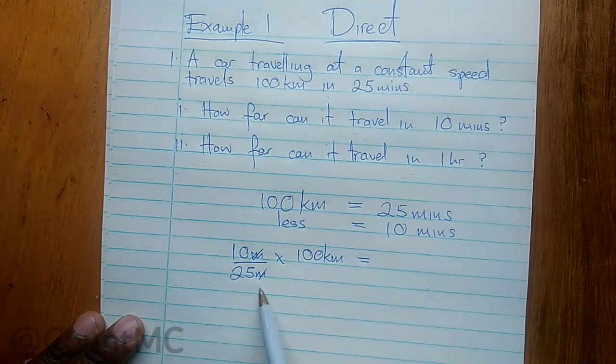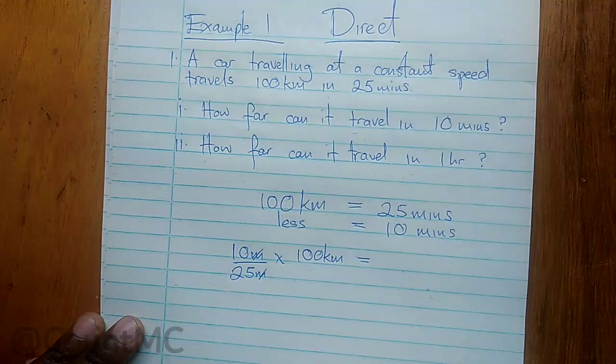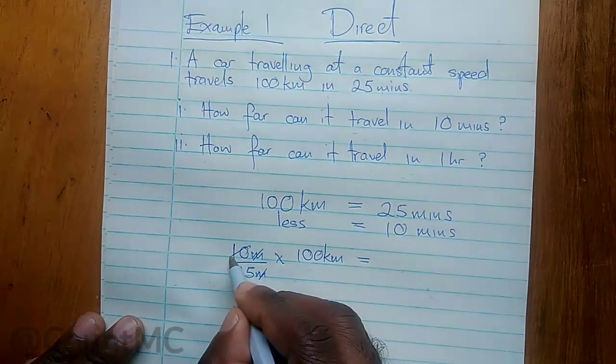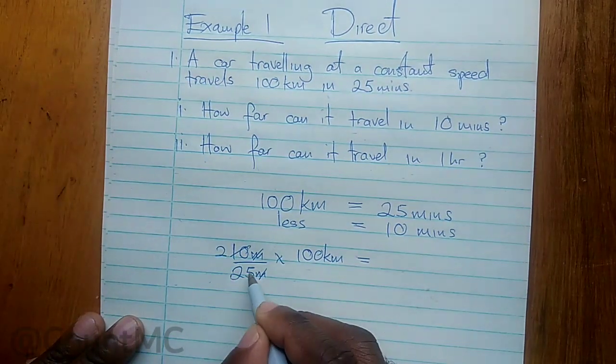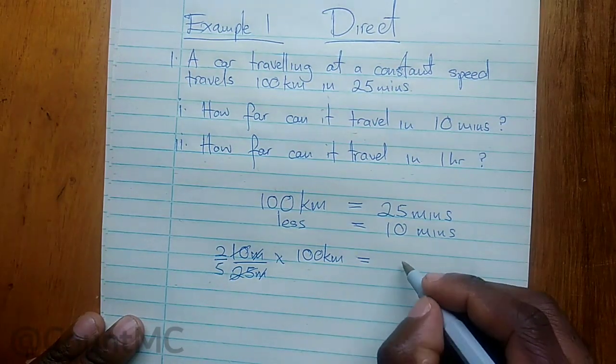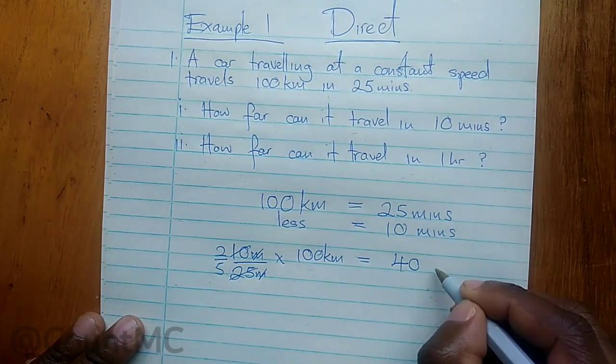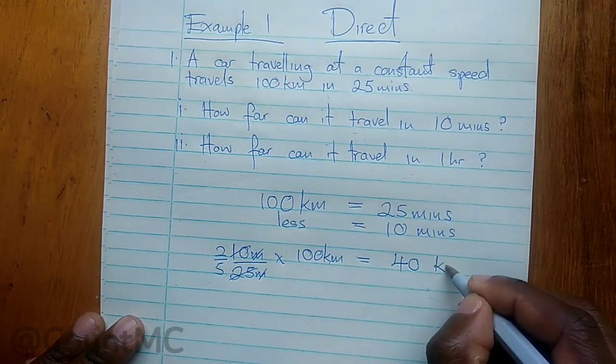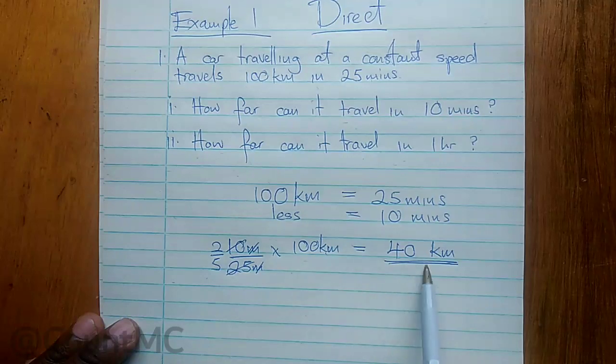So 10 over 25 times 100. This is 5 into 10, that's 2. 5 into 25, that's 5. 2/5 of 100, that's 40 kilometers. So in 10 minutes, the car travels 40 kilometers.